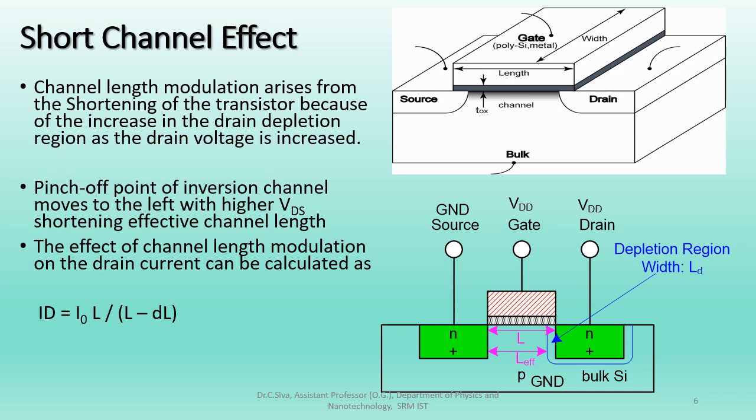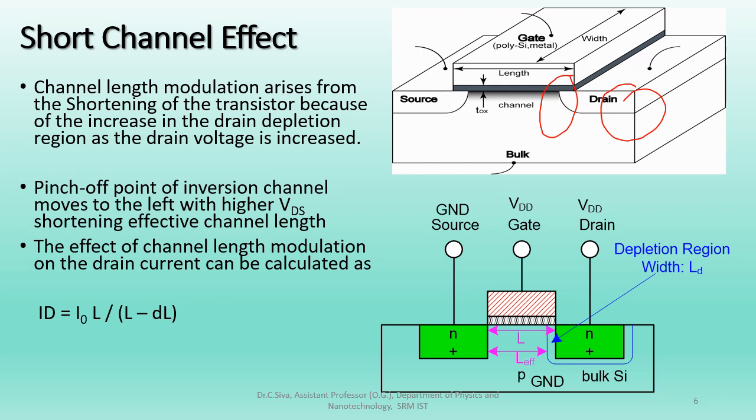At this scale, the electric field from the drain region and the gate region overlap each other, altering the current control.